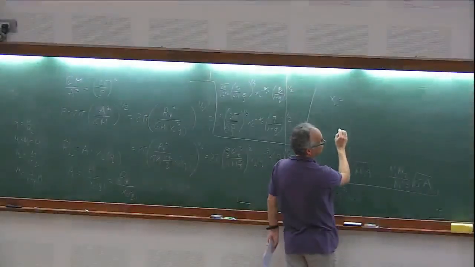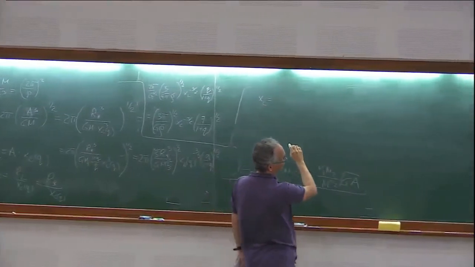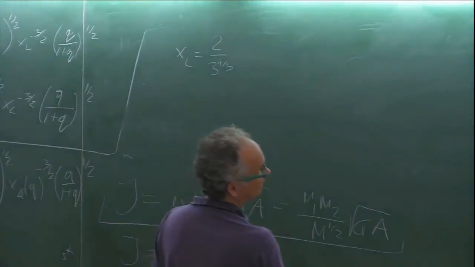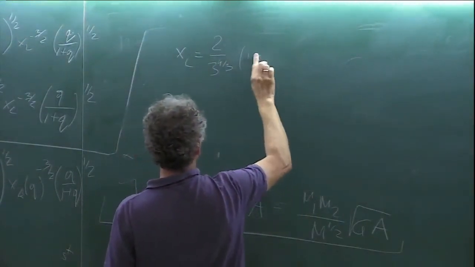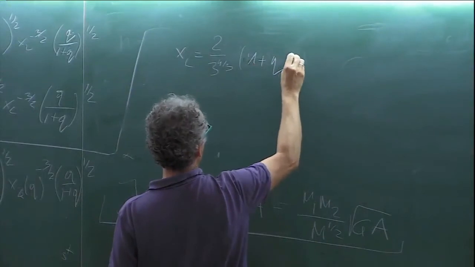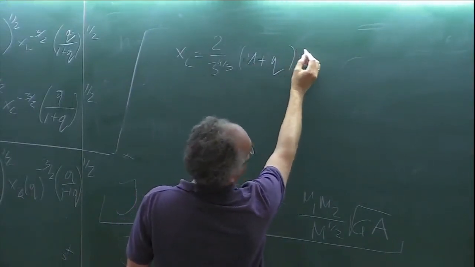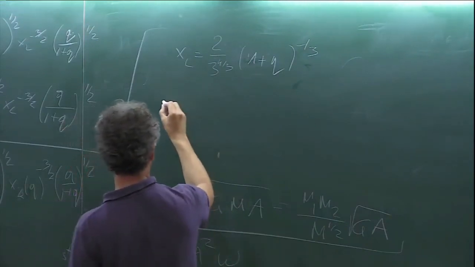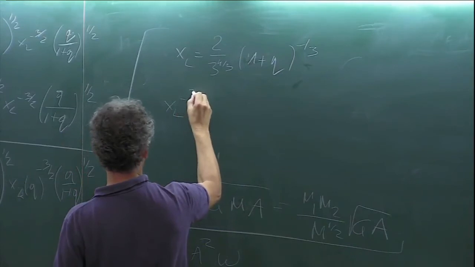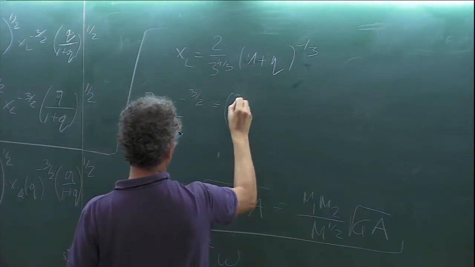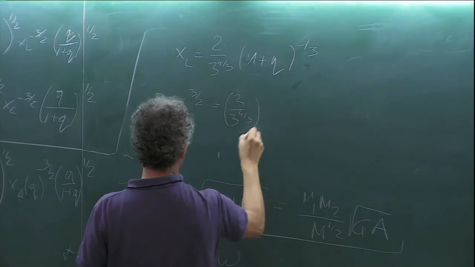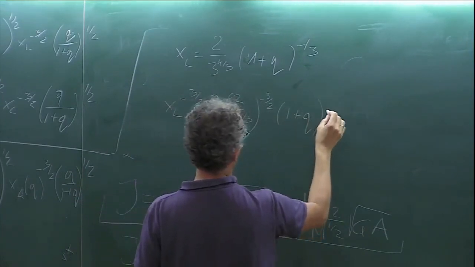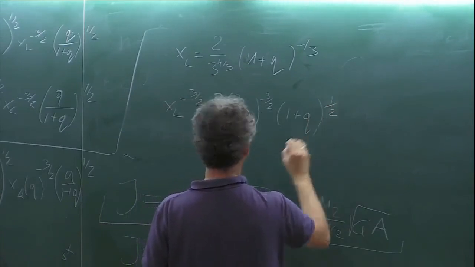X_L equals 2 over 3 to the 4/3, 1 plus q to the minus 1/3. So X_L to the minus 3/2 is 2 over 3 to the 3/2, 1 plus q to the 1/2.